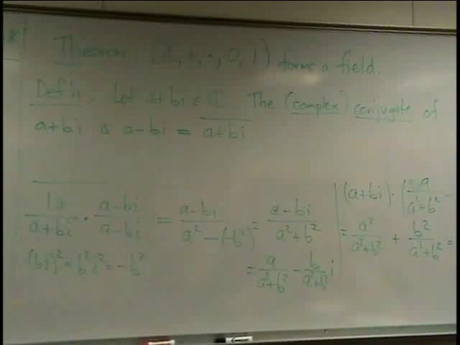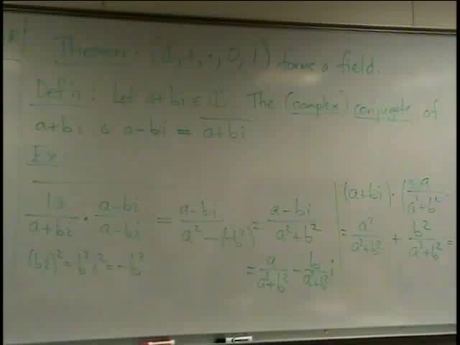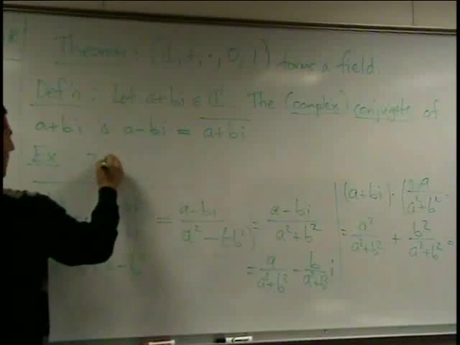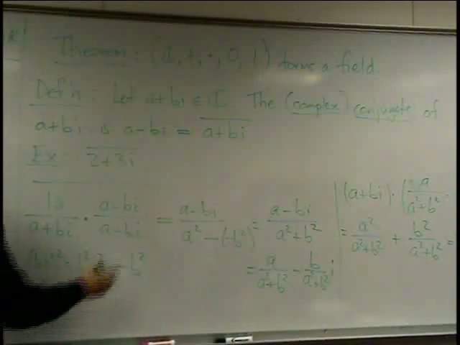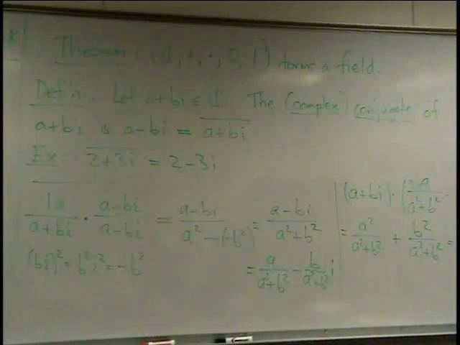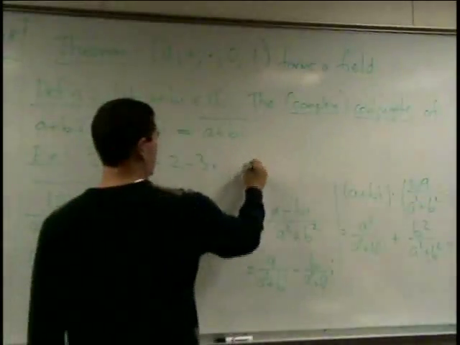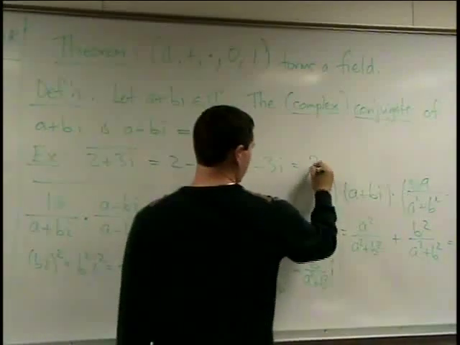Now let me give you an example to say that I don't mean exactly what I just said. So 2 plus 3i bar is 2 minus 3i. 2 minus 3i bar is 2 plus 3i.